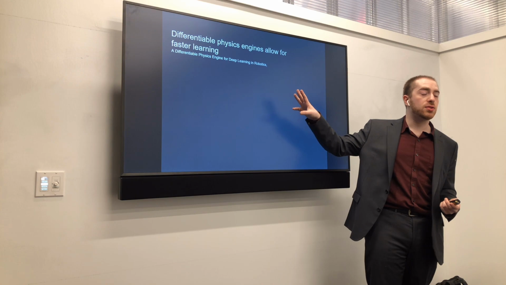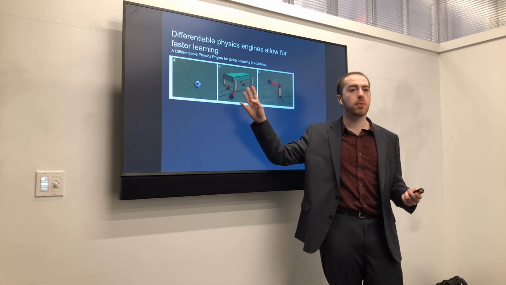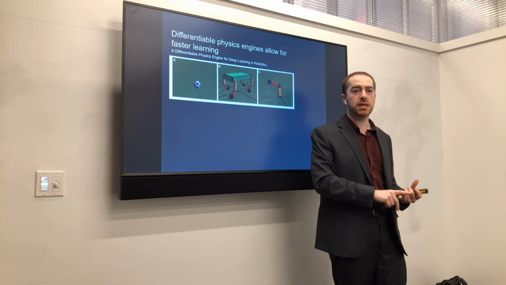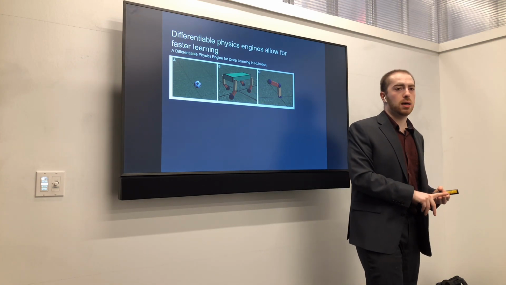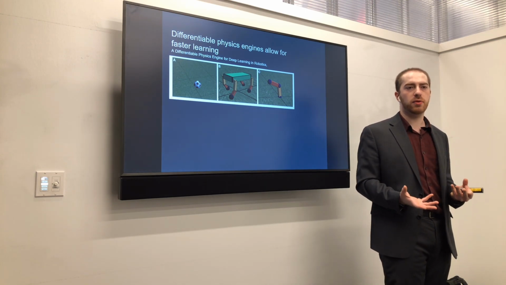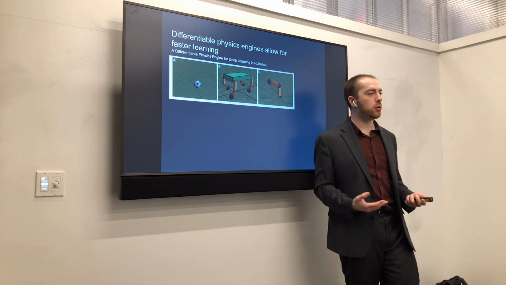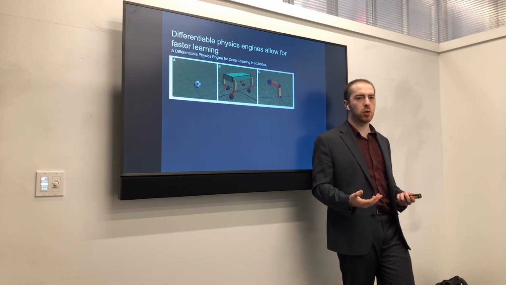A differentiable physics engine recently came out, and basically what it allows you to do is every single component in the physics simulator is differentiable. The position, the textures, the joints of the robots, everything has a differentiable function associated with it. And that can be incorporated into both the forward and back propagation algorithms for robotic learning.